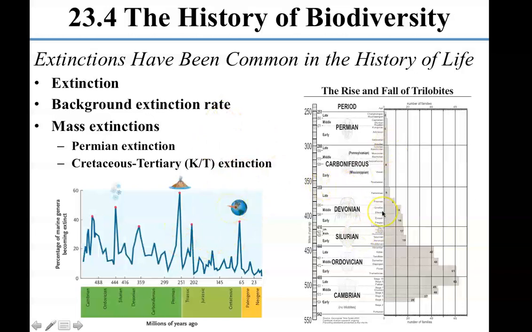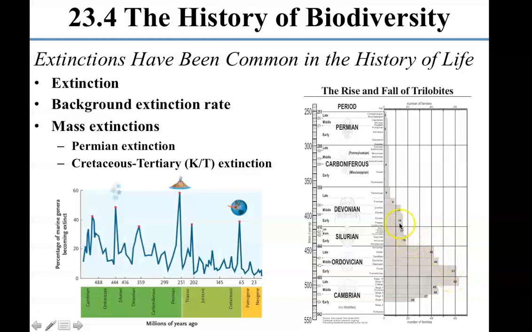I didn't talk about this graphic, so I'll mention it really quickly. This is tracking trilobites. Trilobites are an extinct type of arthropod. It's a marine, kind of flat little critter that lives on the bottom of the ocean. You can see that its biodiversity increased, so it shows up in the Cambrian. It had pretty good diversity numbers at the end of the Cambrian and beginning of the Ordovician.